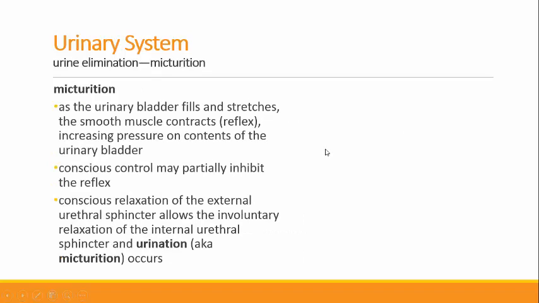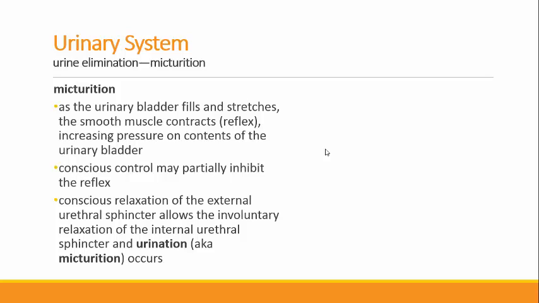Okay, so we're closing in now on the very last bits. Micturition is the official term for the process of urination. As the urinary bladder fills and stretches, we see reflexive contraction of the smooth muscle of the urinary bladder.